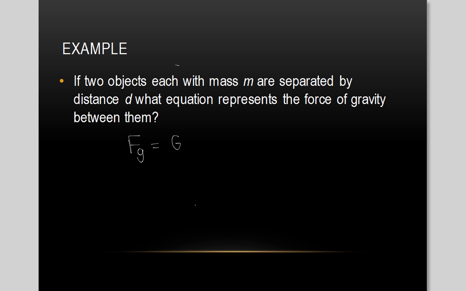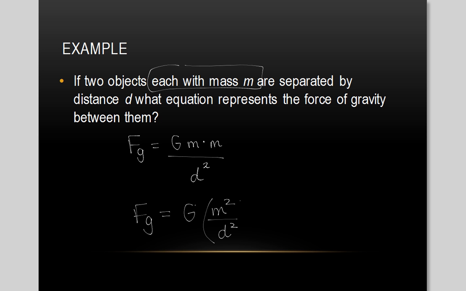Now each mass is mass m, so you have mass 1 times mass 2. Well, they're the same masses, so m times m. And then we divide by the distance between them squared. Simplify this just a little bit, and we get basically m squared over d squared multiplied by that constant G. Yeah, not too bad. Moving on.